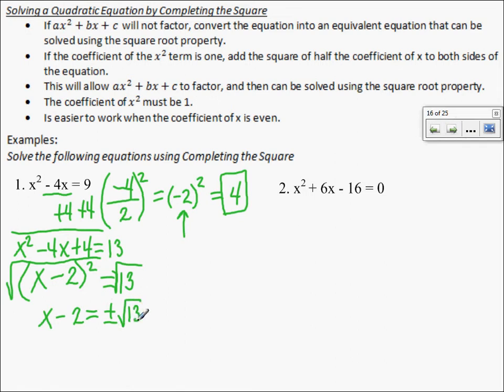So we have plus or minus the square root of 13. Now to get x by itself, what you want to do is separate this into two equations. x minus 2 equals the negative square root of 13, and x minus 2 equals the positive square root of 13.